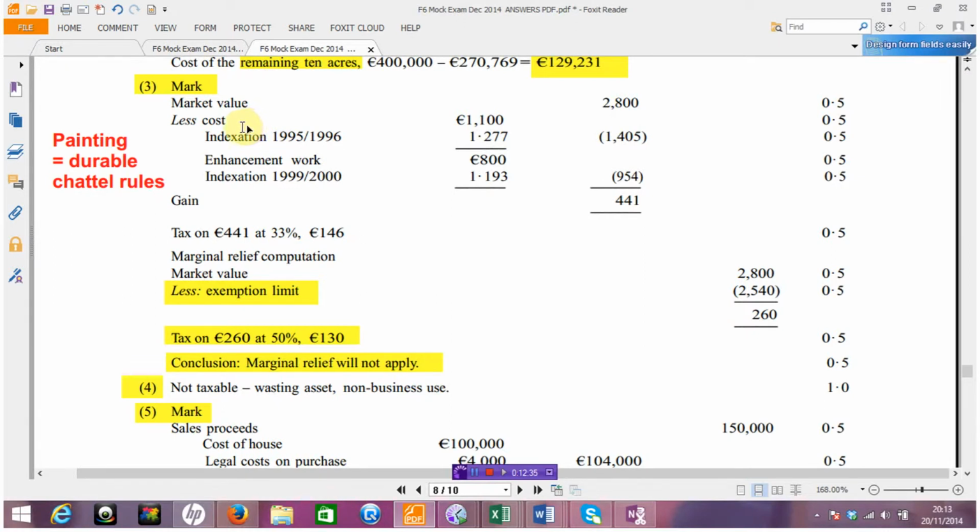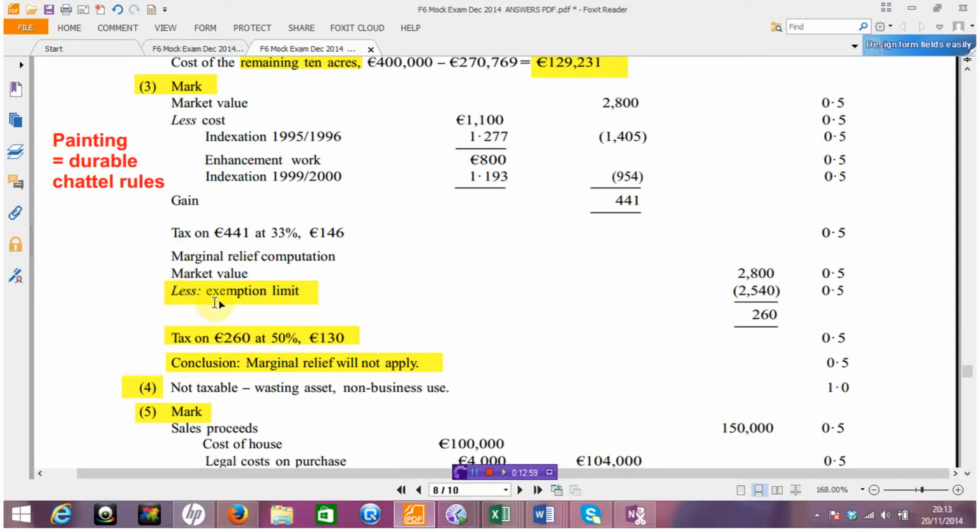And what we have to recognize there is that certainly there is a simple 3-liner to do, including some enhancement, obviously some IR as well, to get to the gain figure. But the key point was to recognize that where we're selling at a gain, we have to do what we call a marginal relief calculation. Okay, and really how do we do that?